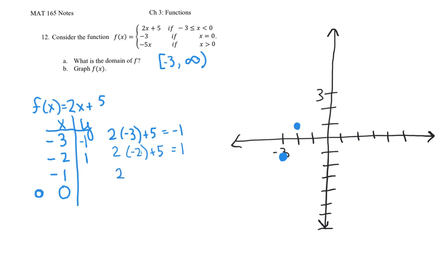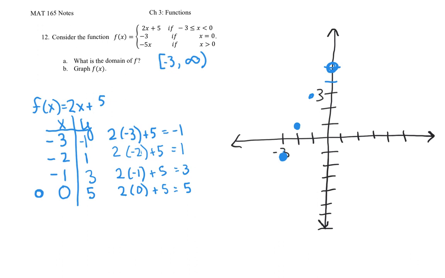And I can continue doing this as many times as I like. And I'm also going to plug 0 into this, even though we're not allowed to use 0, but we must plug it in to find out where we should put our open circle.